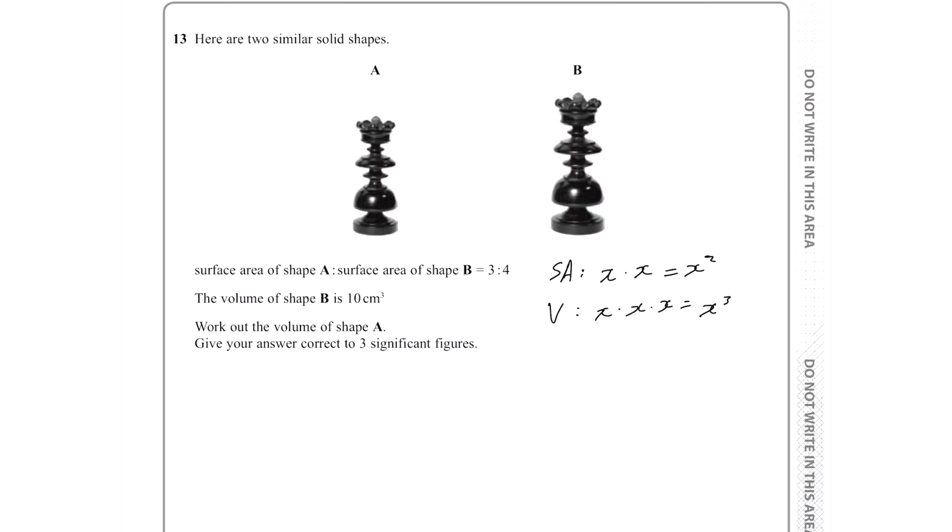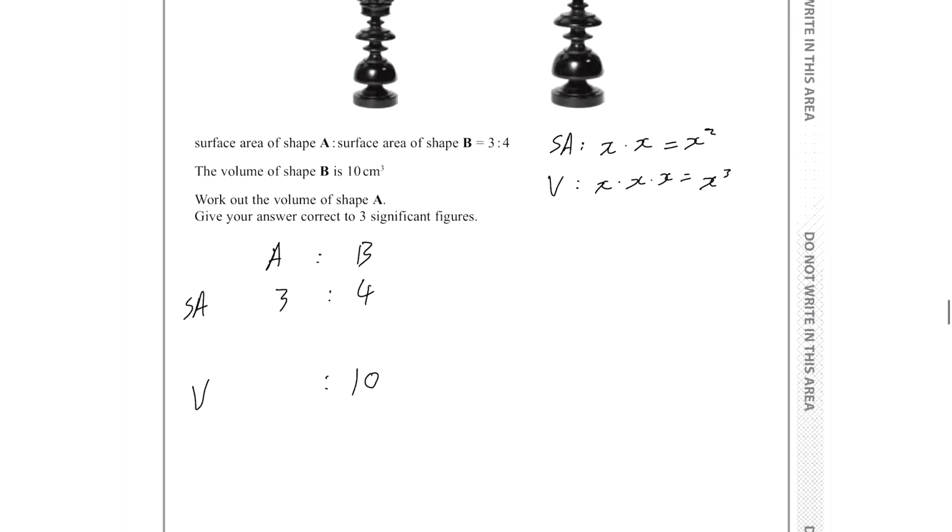So it says the surface area. So we have shape A to shape B. If you know the surface area, they've told us is 3 to 4. With the volume, they've told us the volume of B is 10, and they want us to work out the volume of A. So, well, how do I go from B to A in the case of surface area? Well, how do I go from 4 to 3? So I can do 4 divided by 3.